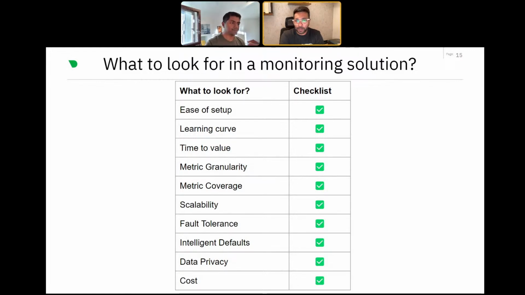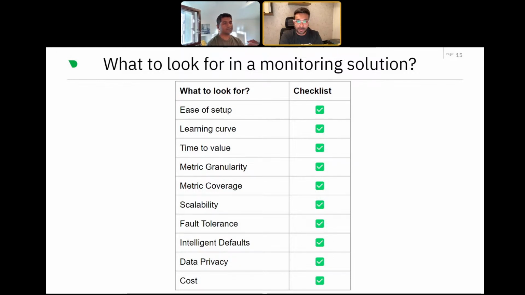So we wanted to present you a checklist of things to look out for before choosing your monitoring solution. I think we've covered all of these topics through the previous slides. But yes, whenever the time comes and either you need to migrate to a new monitoring solution because your existing one doesn't serve the purpose, or you're not monitoring your infrastructure, which is even more dangerous, and you want a new monitoring solution, these are some of the things that you need to look for, right?